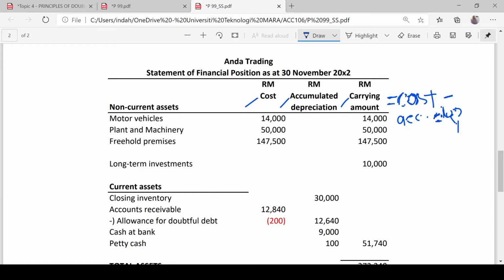I'm sorry that it didn't write properly. So carrying amount is basically cost minus the accumulated depreciation.